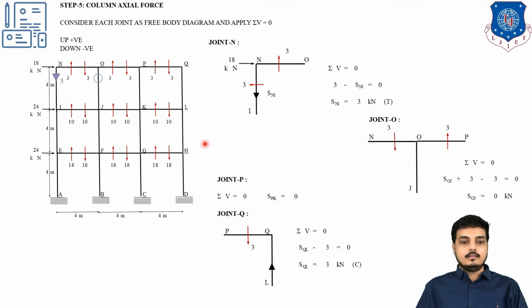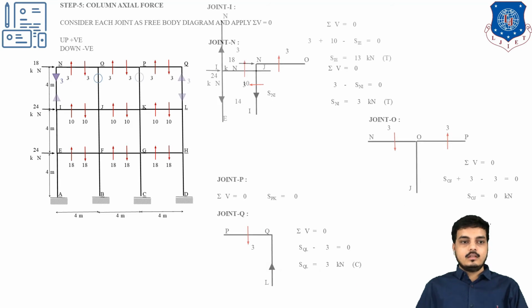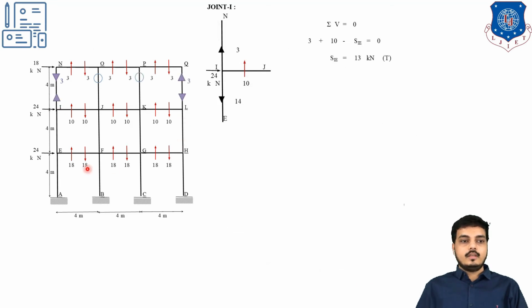Now for QL, as this is going downward, I assume this one as upward. So SQL minus 3 equals 0, so SQL equals 3. Now it is going towards the joint Q, so it is in compression. Similarly for the rest of the portion we can find out. Look, now this is how we can find it. For I joint, there is a member N to I to E, and I to J is a beam. Now look, this we have found out in the previous slide.